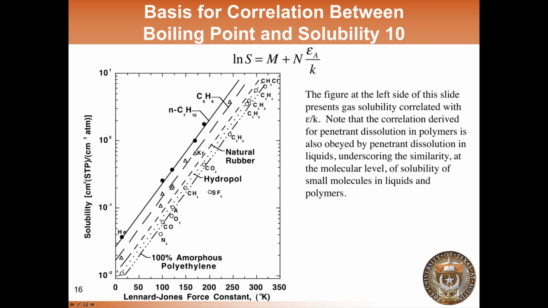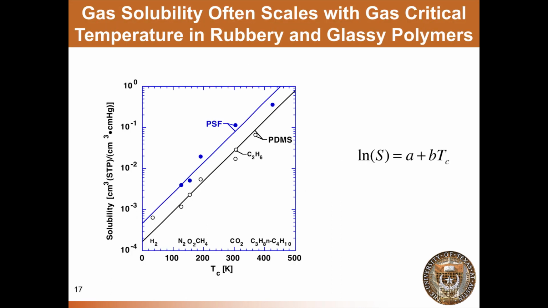It's a very useful phenomenon, and one that is, I think, initially counterintuitive and surprising, but what it is getting at is that the more condensable the gas molecules are, the more soluble they are, and that really is the dominant factor governing solubility of various gases in a given material, be it liquid or polymer.